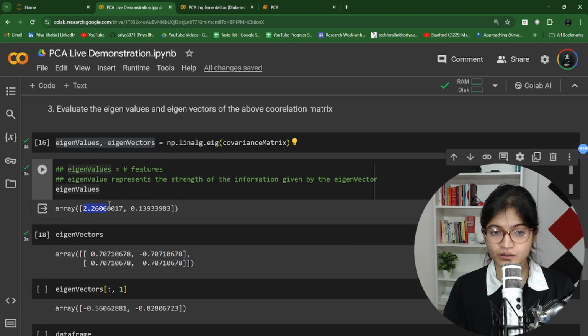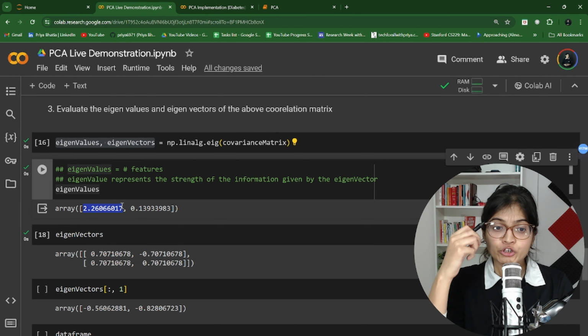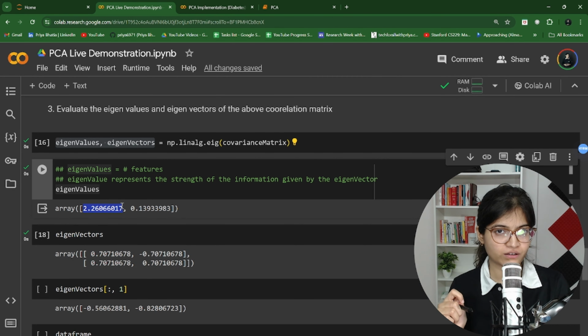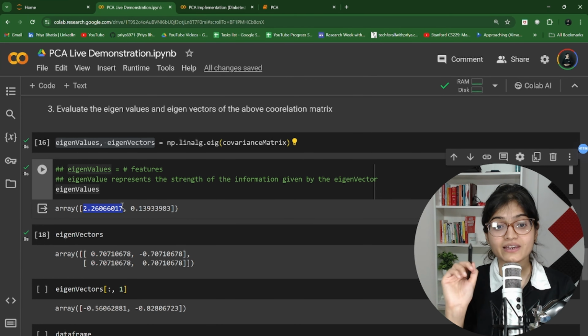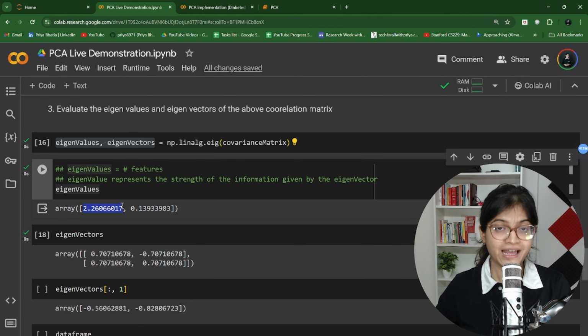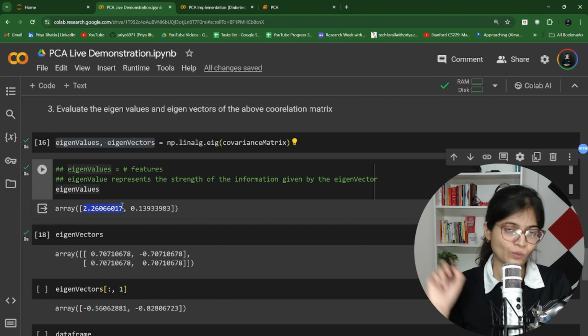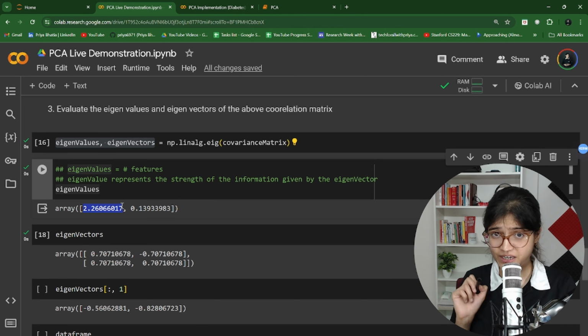See, always remember, whichever eigenvalue is the highest, you have to take that specific eigenvector to create PC1, because the highest eigenvalue indicates the strength of the highest information. And if you remember, I told you that when we are trying to create the principal components, PC1 will be the highest one, followed by PC2, then PC3, PC4.